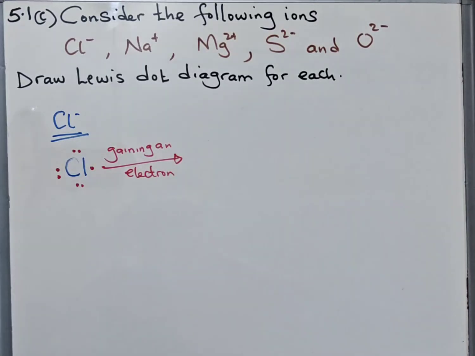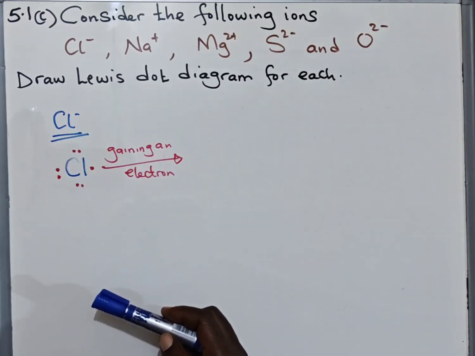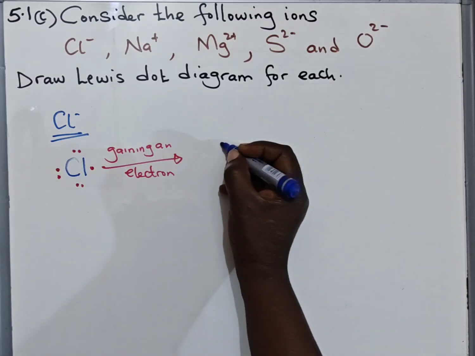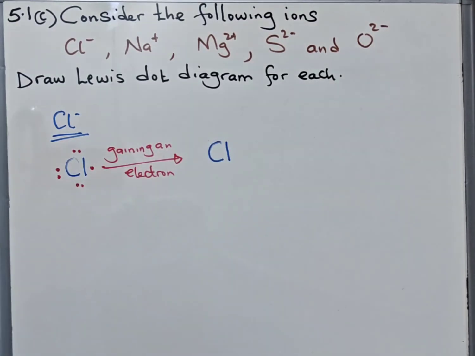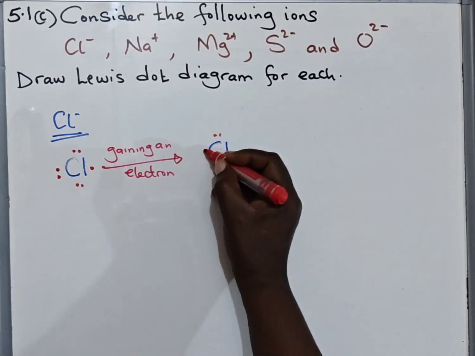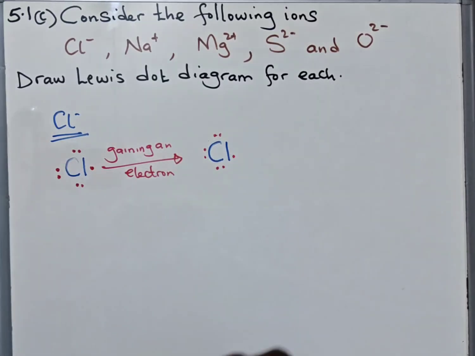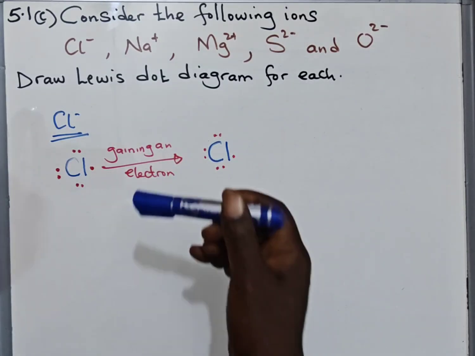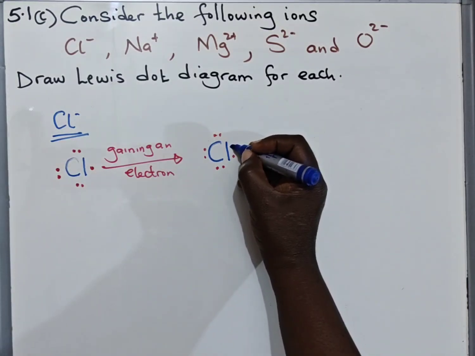If that electron is gained, what will happen? It will come and fill this space. So in other words, we are going to have our chlorine symbol once again, with all the electrons distributed like that. But the gained electron comes and occupies that position.